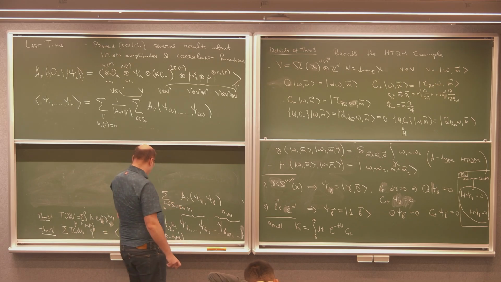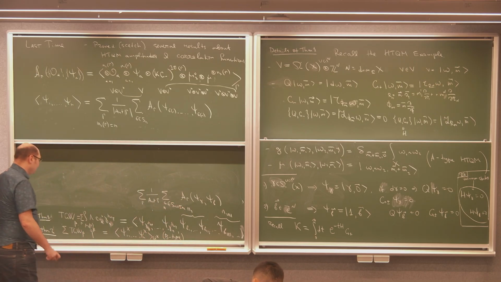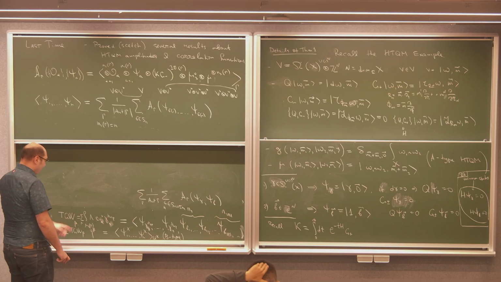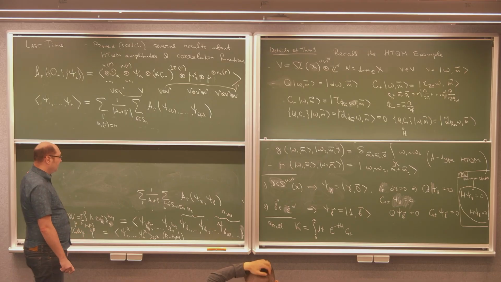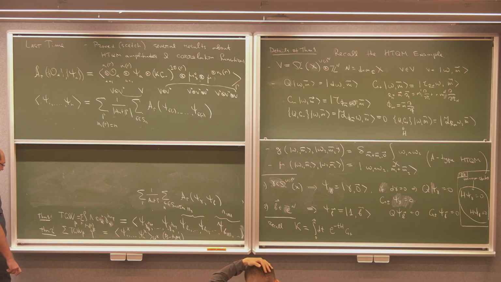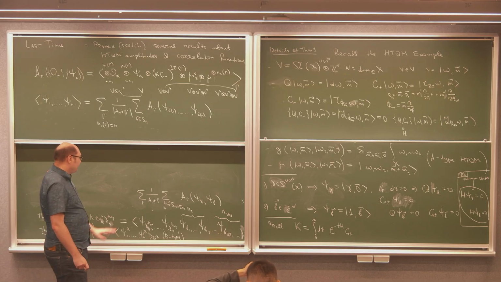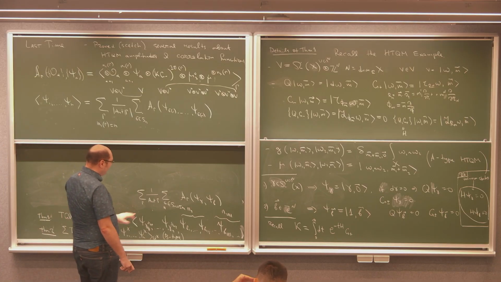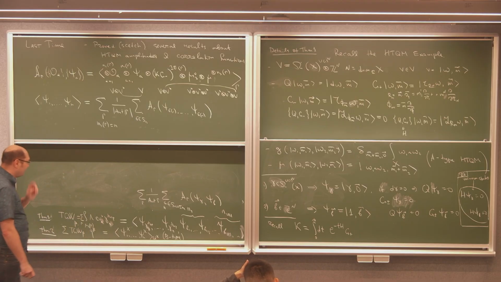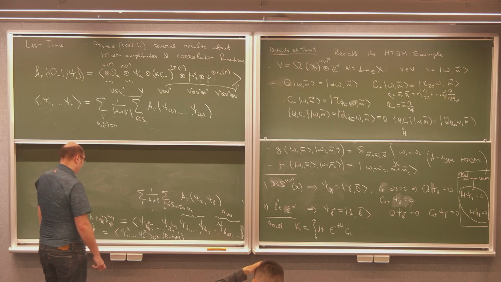In tropical Gromov-Witten invariants, we also have a summation over graphs, and we have some moduli space integral. So it is not hard to believe that the summation over graphs here and the summation over graphs here are the same type of summation.